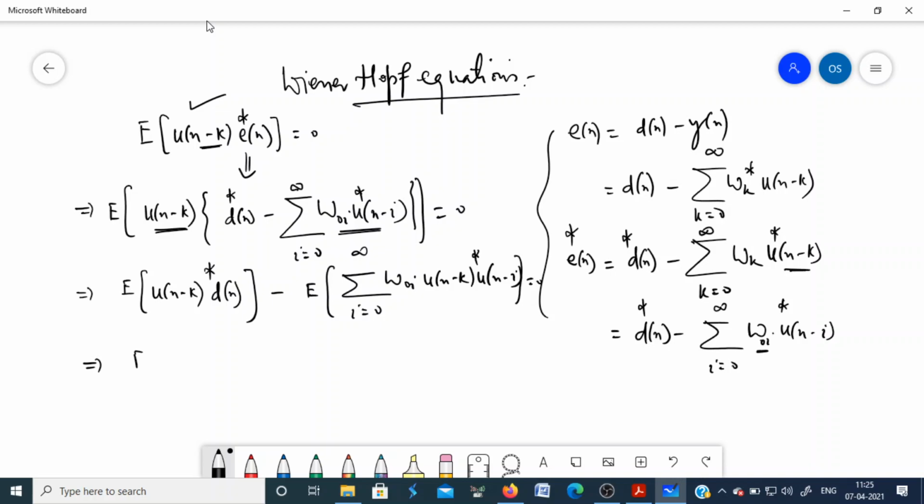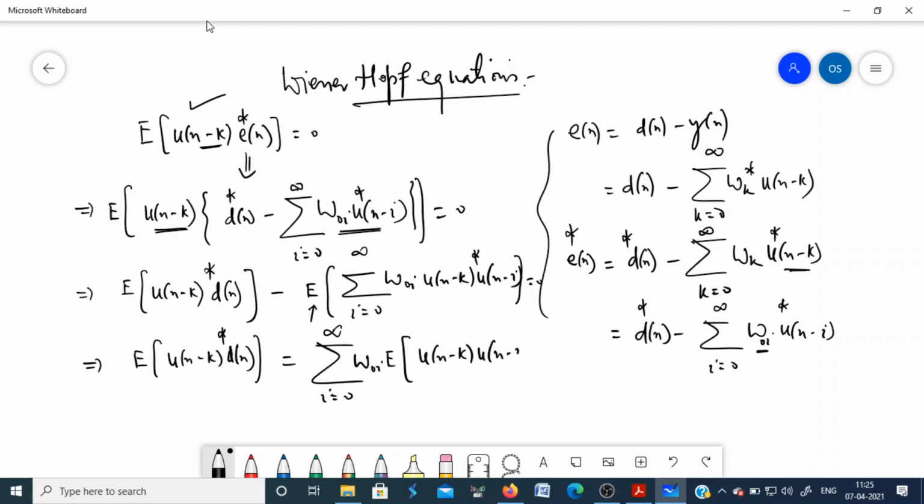Or you can write it as E of u(n minus k) into d*(n) is equal to, if you take this expectation operator inside the summation, the sum over i from 0 to infinity of w_oi E of u(n minus k) into u*(n minus i).